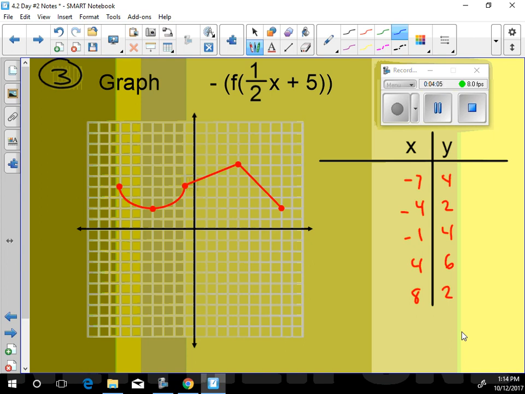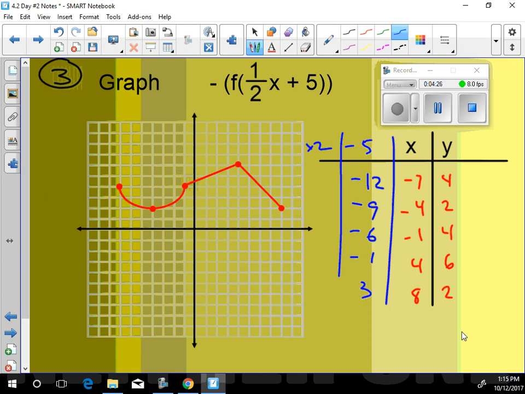So 5 where? To the left. Subtract 5, right? We're going to subtract 5, and then we're going to double. All right, so let's subtract 5. I get negative 12, -9, -6, -1, and 3.